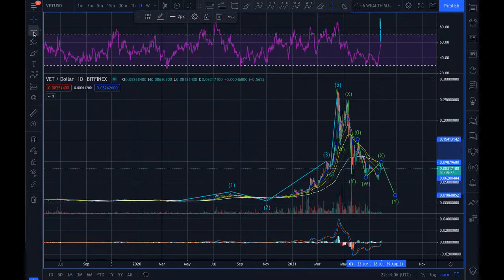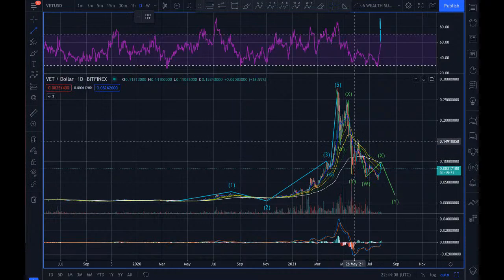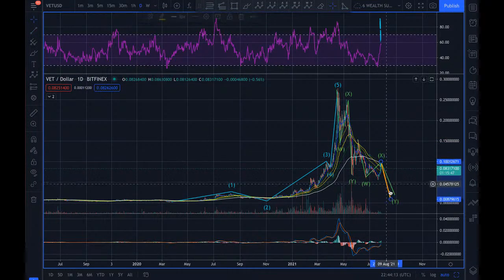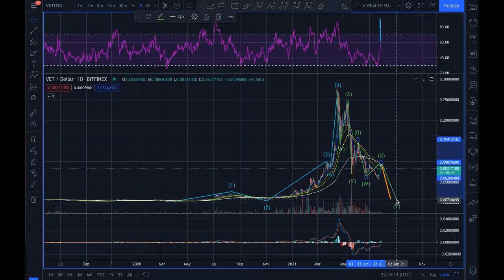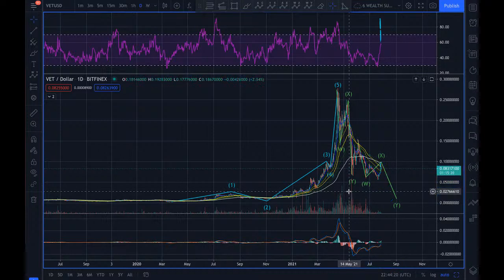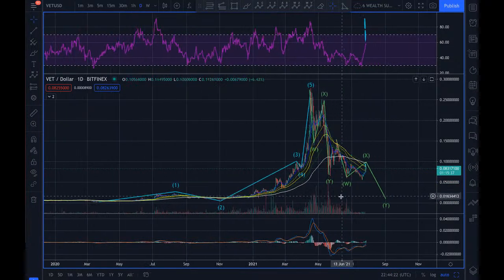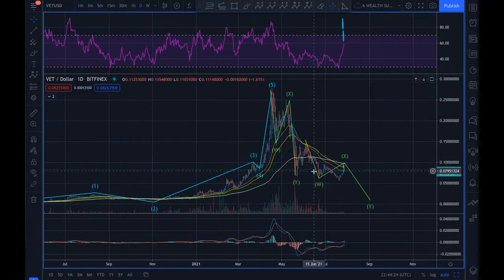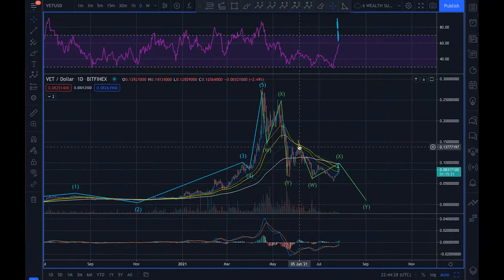So if that's like that, then the third wave might be down to like 1 cent-ish, if that really happens. And if something changes this shape, then I will update the count.